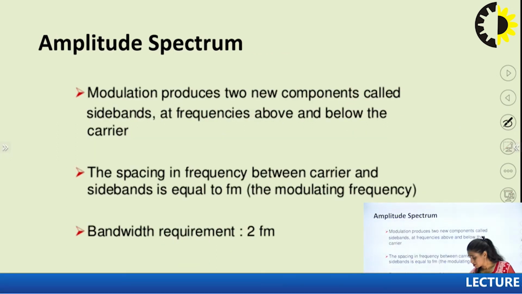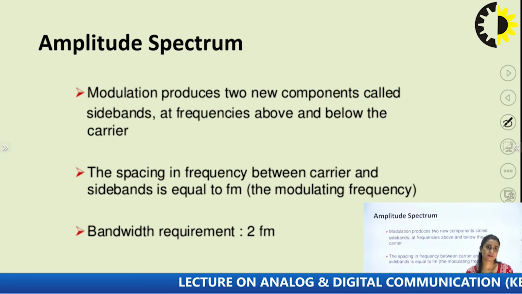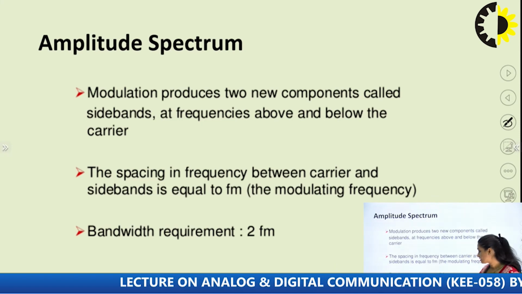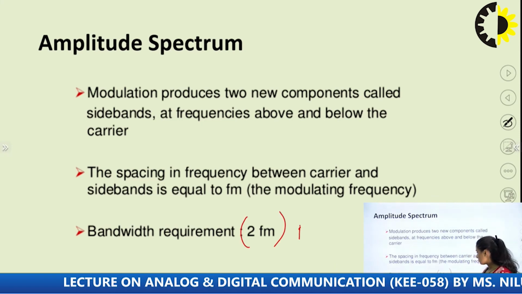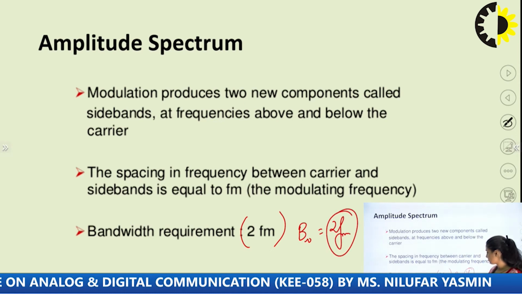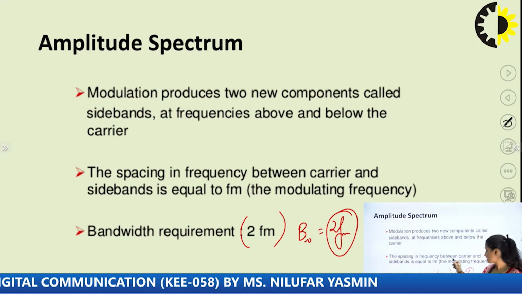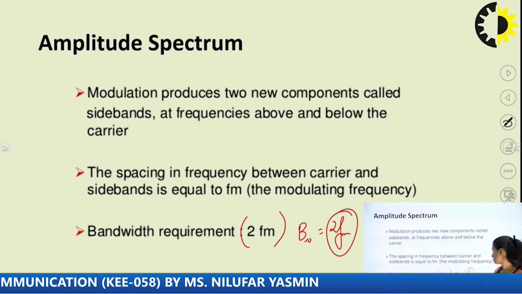If I talk about the spectrum of my amplitude modulated wave, modulation produces two new components which are called sidebands, and sidebands have frequencies either above the carrier frequency or a little below it. Bandwidth requirement for AM equals twice the maximum frequency content of my message. This we should be knowing. Spacing in frequency between carrier and sidebands is equal to the modulating frequency.